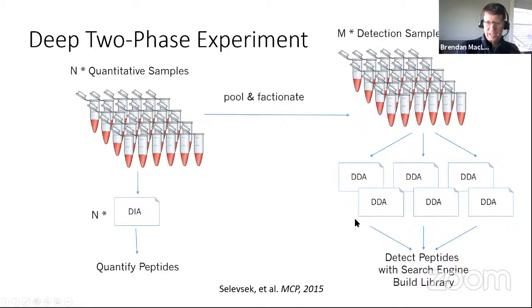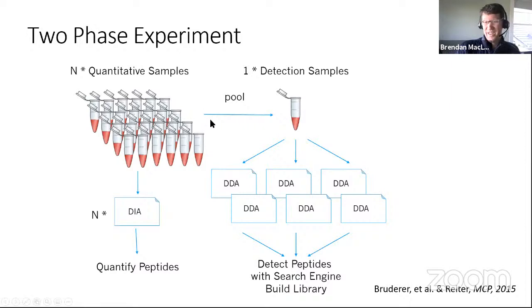So it's similar, but the library is much broader. The intent of the library here, and in terms of Bayesian statistics, your priors, what you know about what you're searching for, is also different. In this case, our prior is that without any change to the sample, we were able to detect this with DDA, which says something about how detectable it is in a mass spectrometer and how abundant it's going to be in these quantitative samples, because this is exactly the same sample.